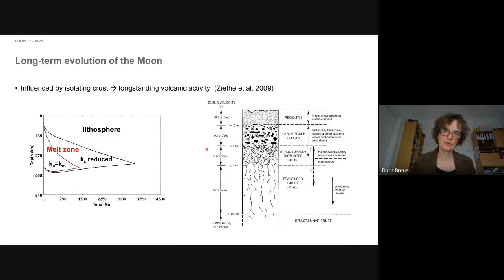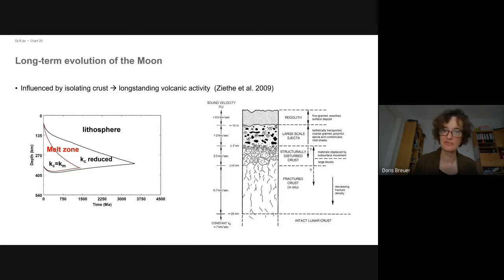Now the big point is, we observe long-standing volcanic activity on the Moon. And people thought, oh, it's very difficult to get, because we have a small body, which typically cools fast. But the magic here is again the crust, because the crust has a very low conductivity.